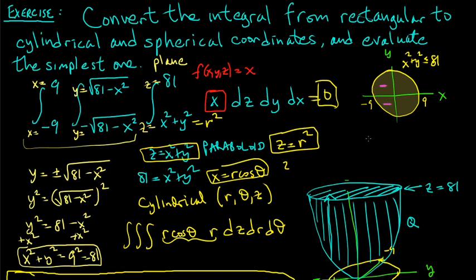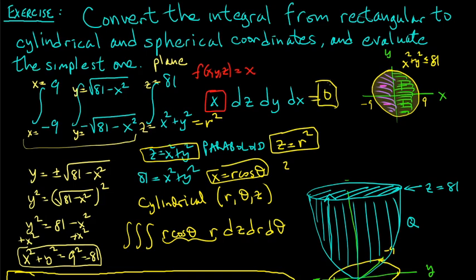X is going to be negative here. And where you're integrating x from 0 to 9, it's going to be positive. So, right, so this is just symmetry, right? Whatever happens on the right here, you're going to get some positive number. And then whatever happens on the left here, you're just going to get the same number, but negative. And so by symmetry here, it should be somewhat clear that you would get 0 here.